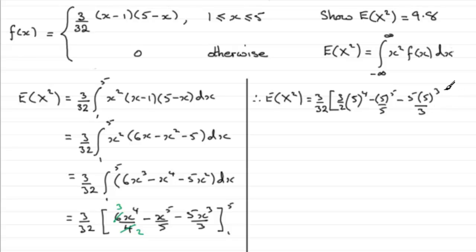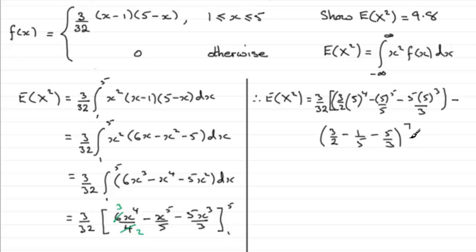And then put this in brackets there. Okay, and then we've got to subtract. So I'm going to have to go on to the next line here, which I don't really like doing, but there you go. All multiplied by, put the 1 through, and you've got 3/2, and then minus a fifth there, and then minus 5/3.